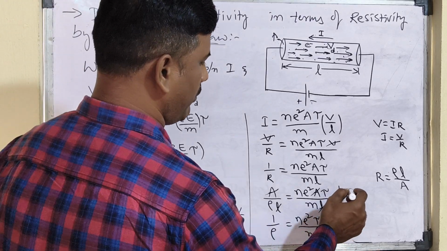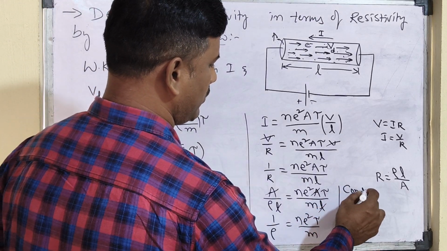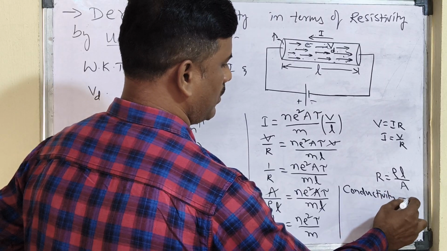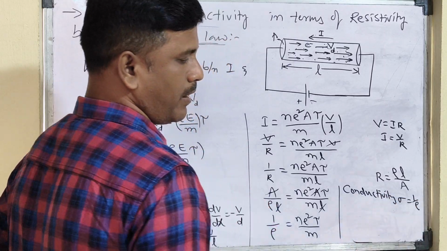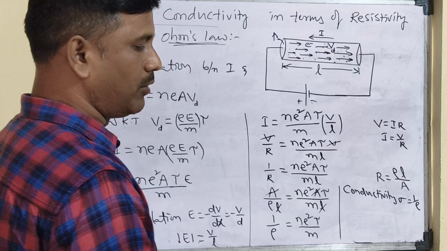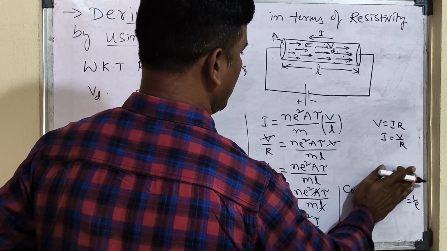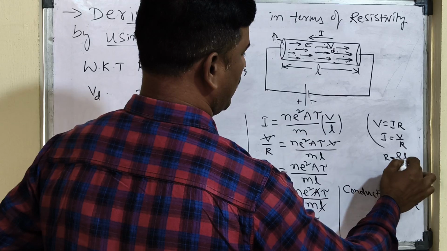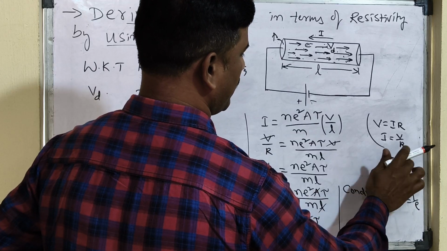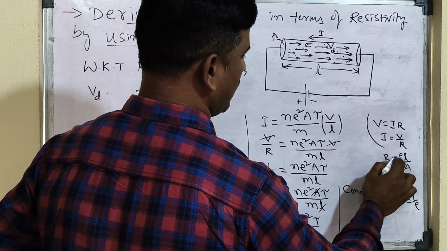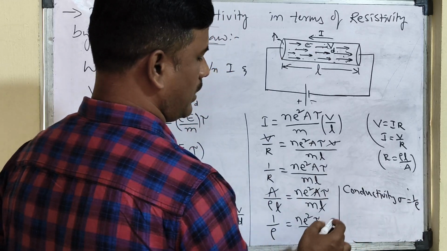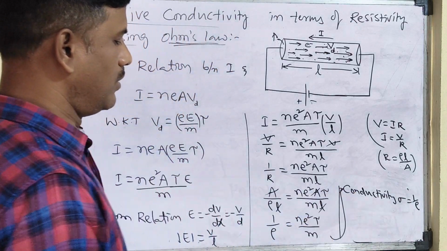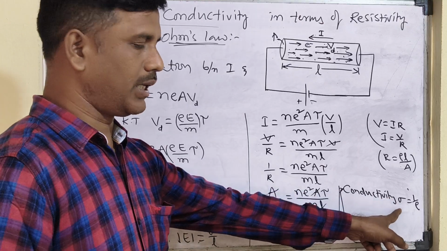So now conductivity sigma is equal to 1 by rho. The conductivity formula is what? 1 by rho. Here R equals rho L by A. So, this is the continuation. 1 by rho is nothing but conductivity.